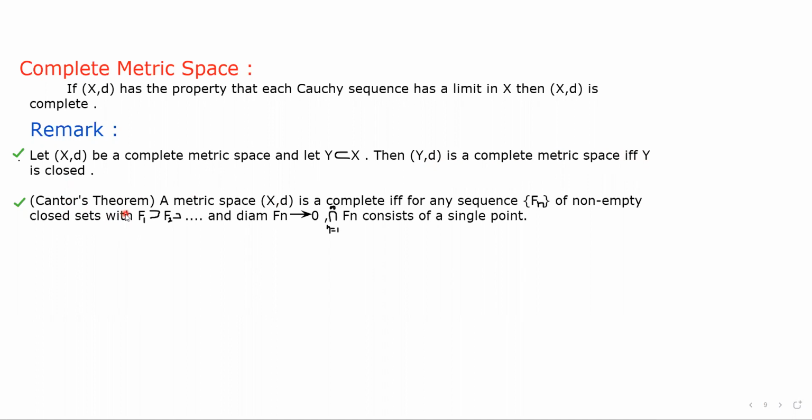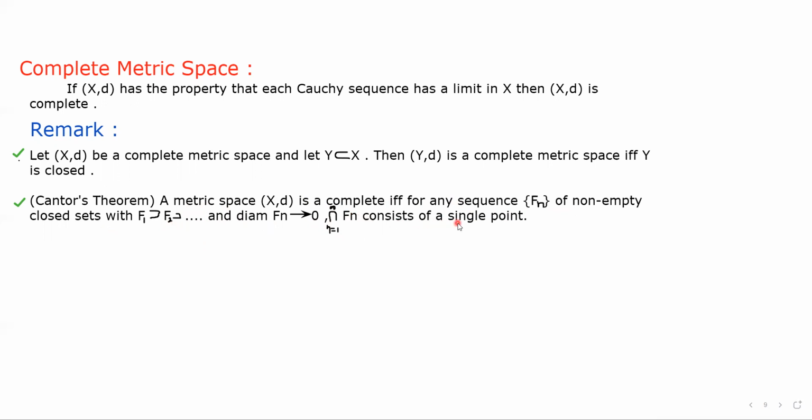What it says: a metric space (X, d) is complete if and only if for any sequence Fn of non-empty closed sets with F1 a superset of F2, a superset of F3, and so on, and the diameter of Fn converges to 0, the intersection of the Fn also consists of a single point.